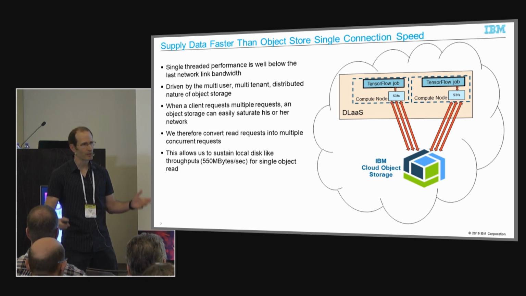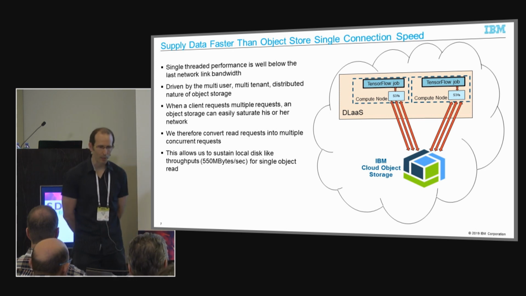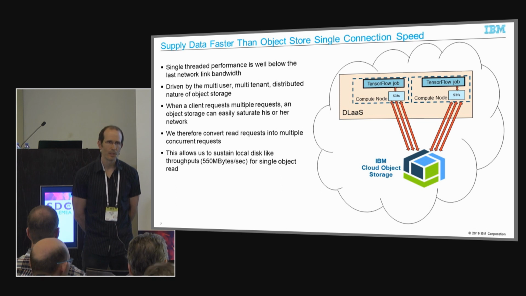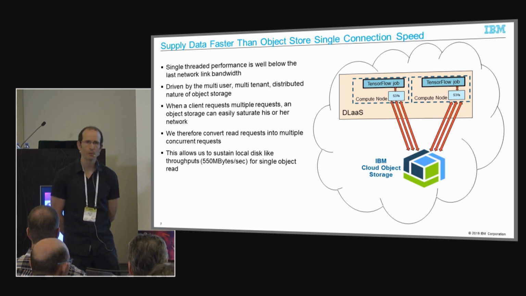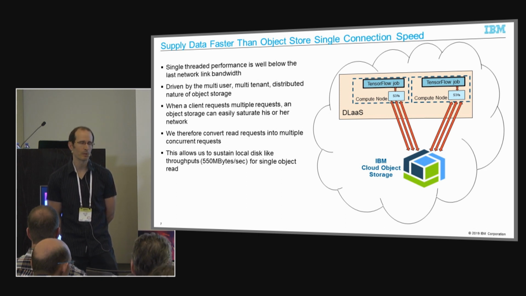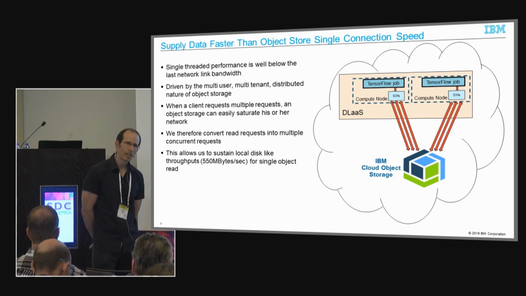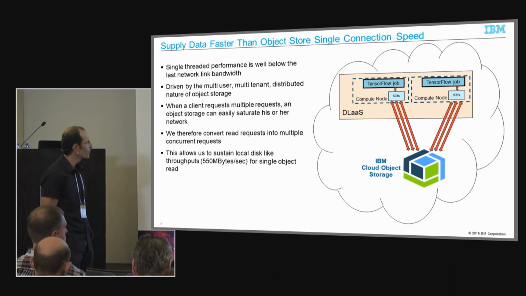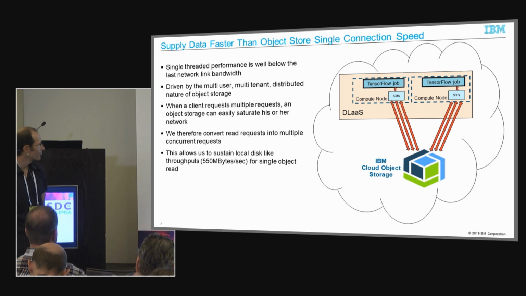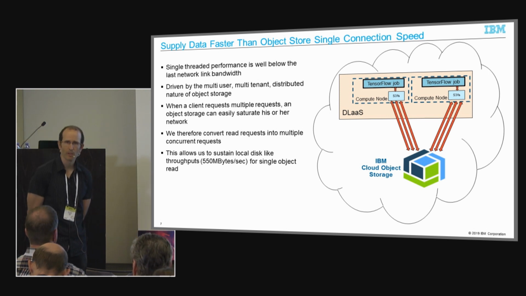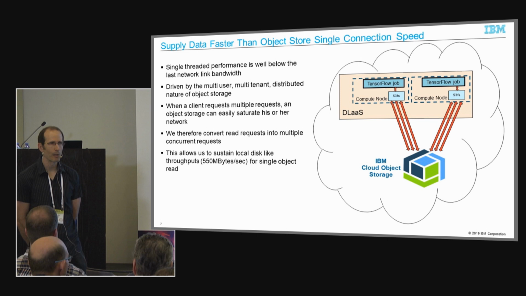So if you have an object that's, let's say, 100 megs big, we're going to issue 20 requests, each for 5 megs. We use a feature called range reads, which means you provide a starting and an end offset for your read from the object store. And we do the read request using 20 different connections. What that allows us to do, if we benchmark that, is reach throughput of around 550 megabytes per second, which was sufficient for our needs.